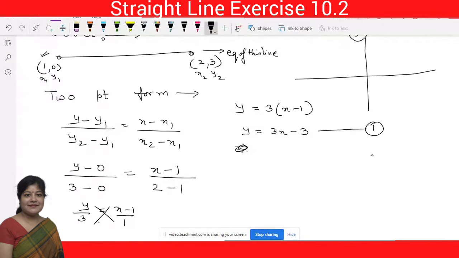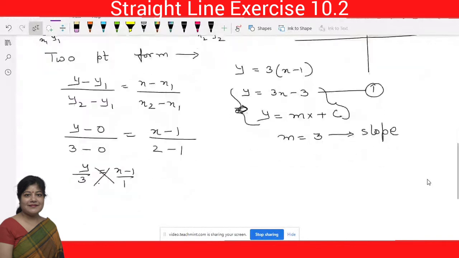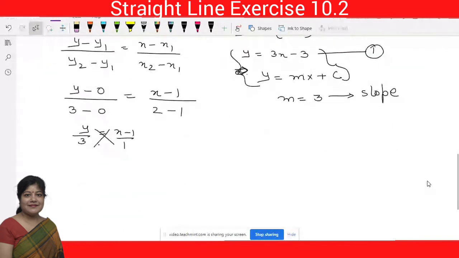So if I compare this equation with this format, what is the value of m? 3, ma'am. And what is 3? This is the slope. Now this is a line having slope 3. Understood?